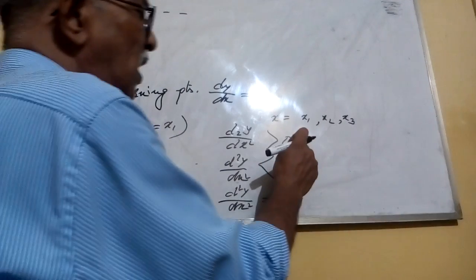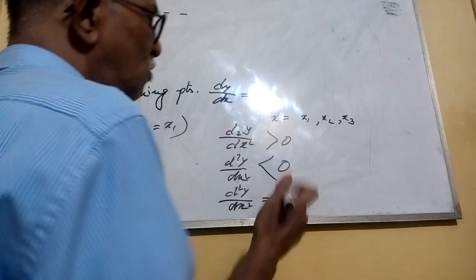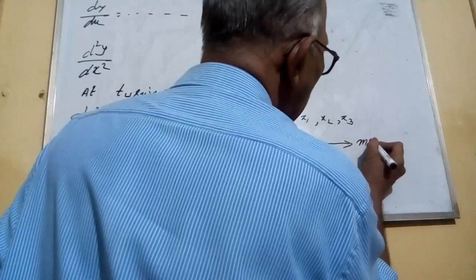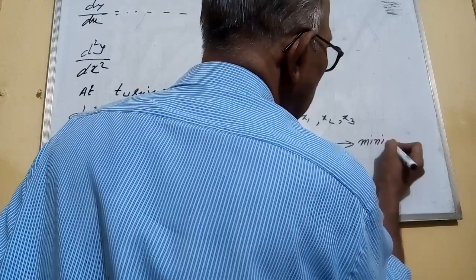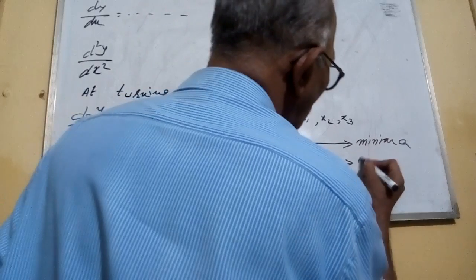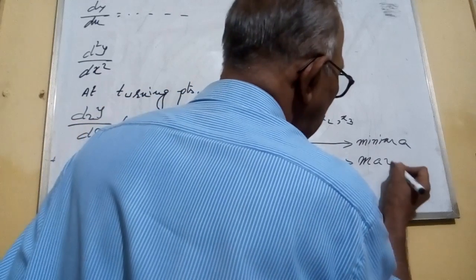If d2y/dx² is greater than 0 for any of these values, that indicates that one gives you minima. If d2y/dx² is less than 0, this will provide you maxima.